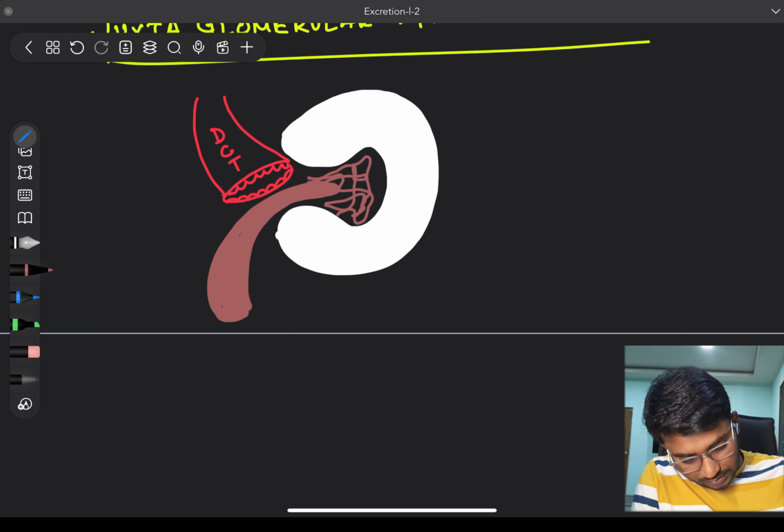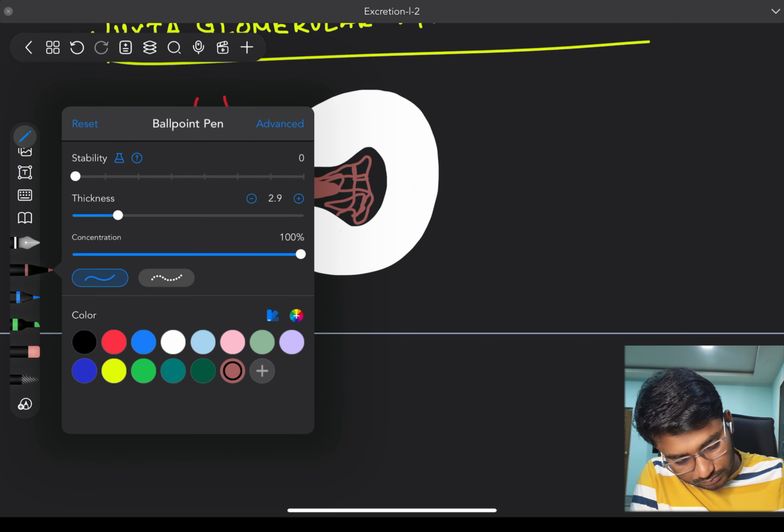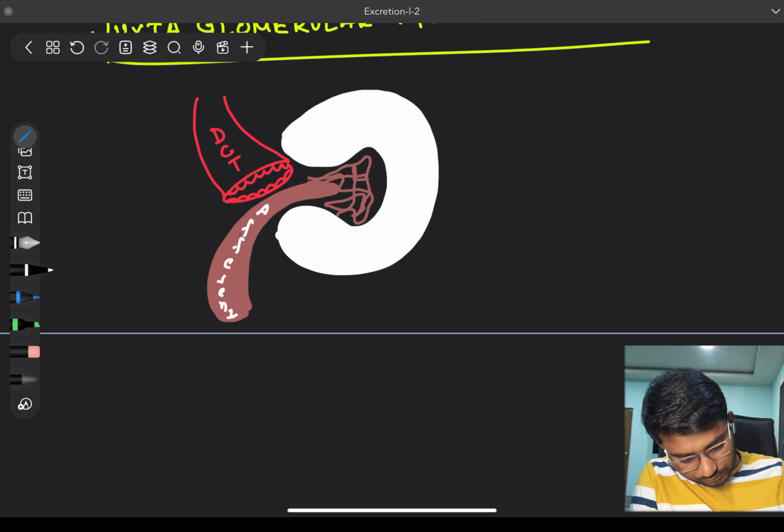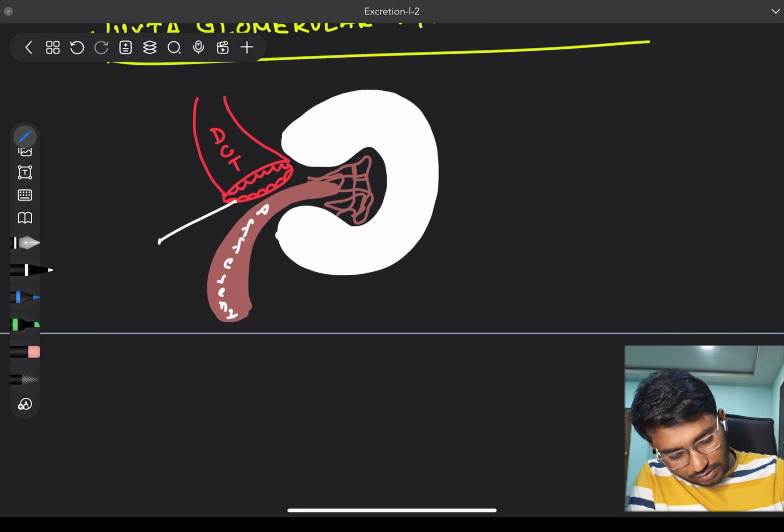This is the afferent arteriole. This is the macula densa.